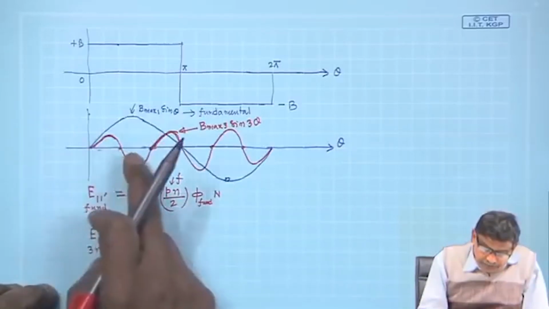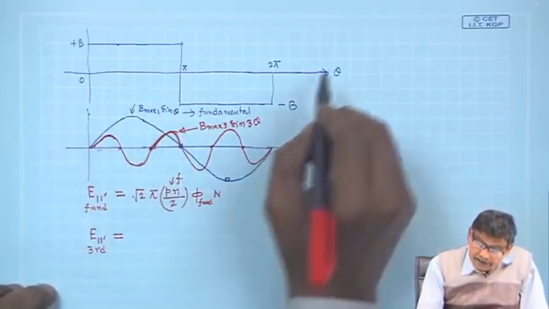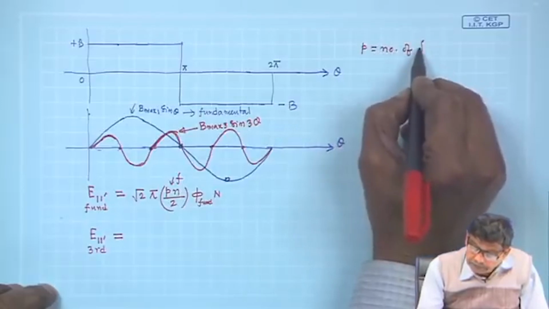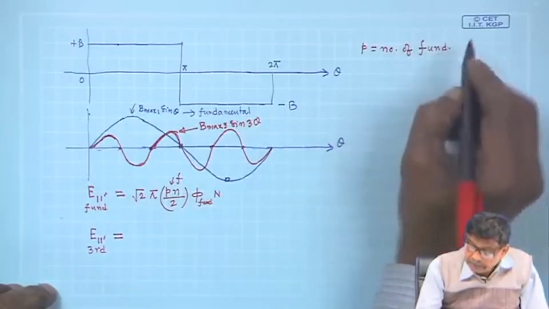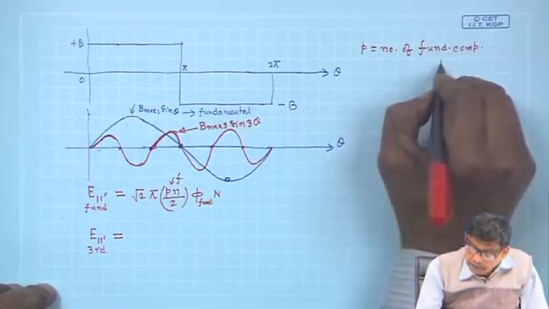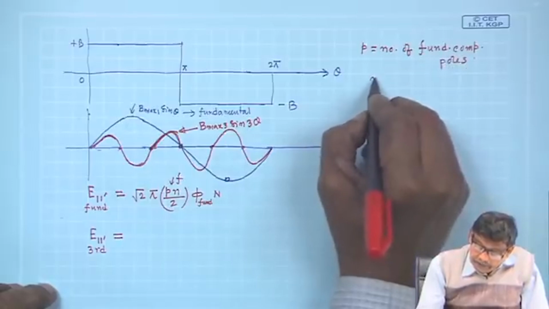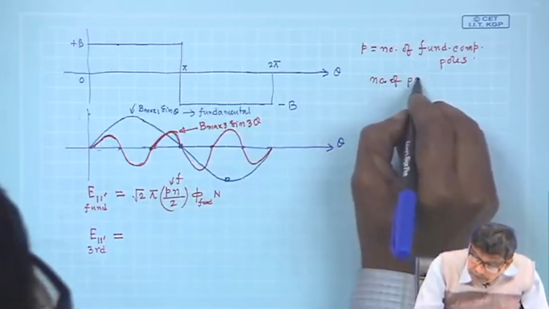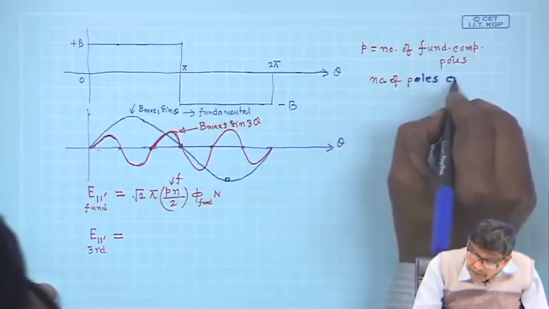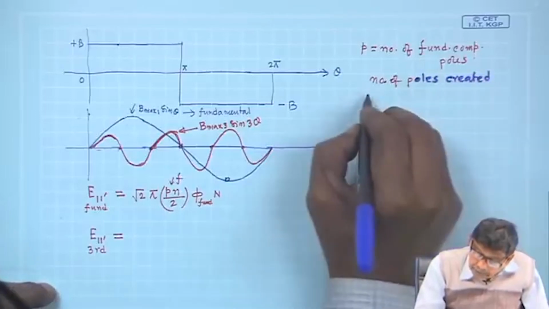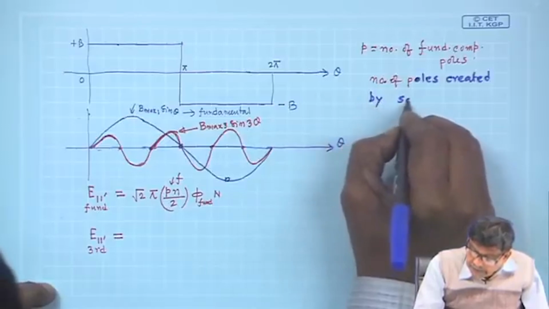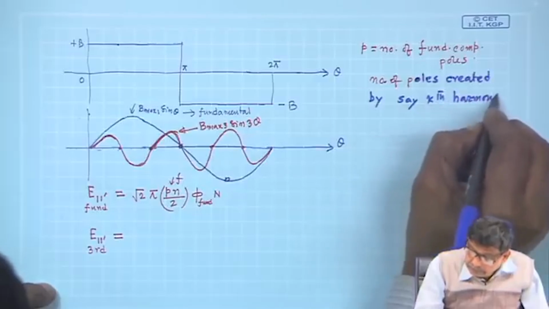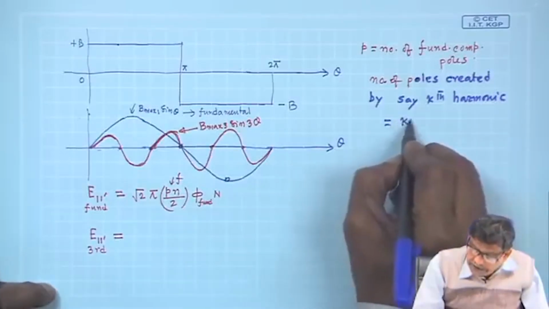Now, for the third harmonic component, how many poles does this machine have? If P is the number of fundamental component poles, the number of poles created by the kth harmonic will be simply Kp.